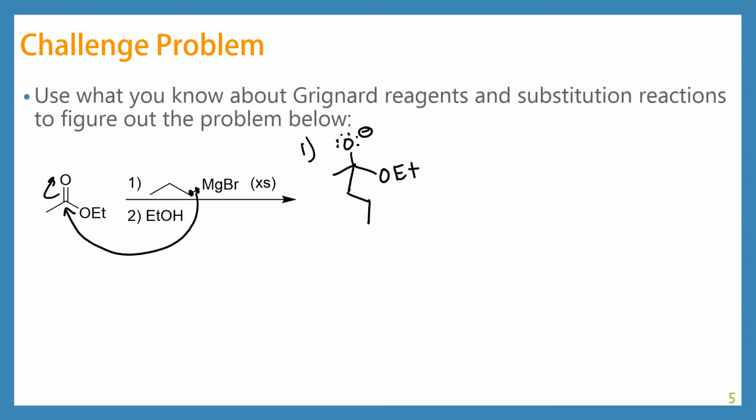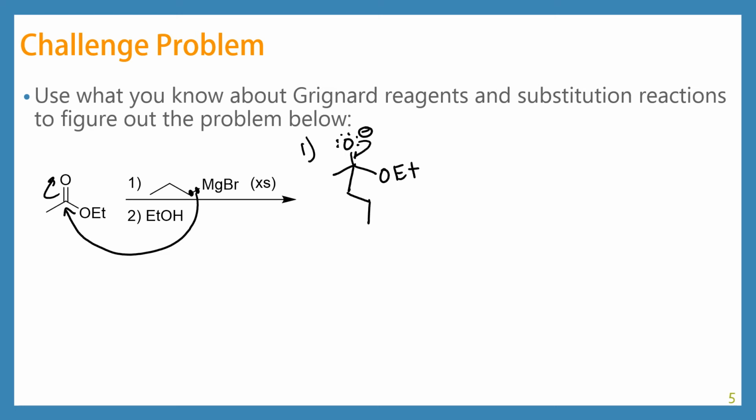For a second, I want you to think about how common it is to have two oxygens attached by single bonds to the same carbon. You don't see that very often. And if we were to protonate this, it would form a compound that's called a hemiacetal. And later in the semester, we'll learn that hemiacetals are not particularly stable. And so instead of protonating, we do something else.